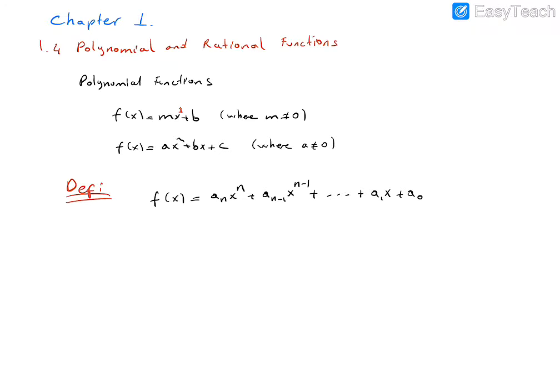Here the integer n is called the degree of the polynomial, but of course we assume that a sub n is different than 0.